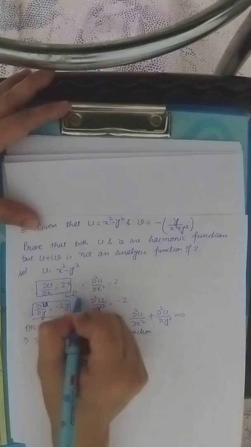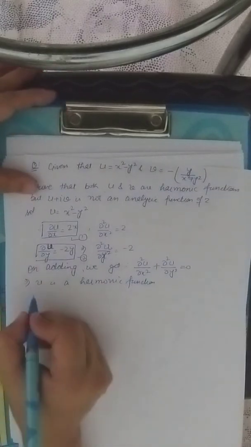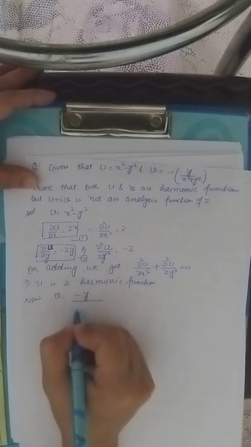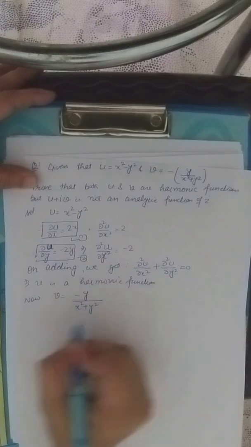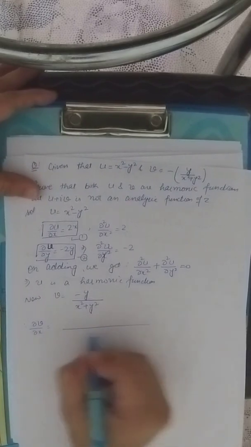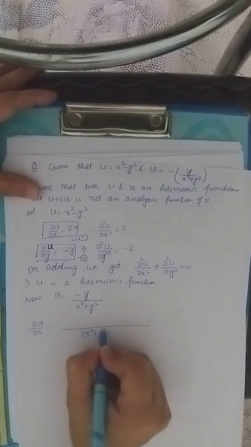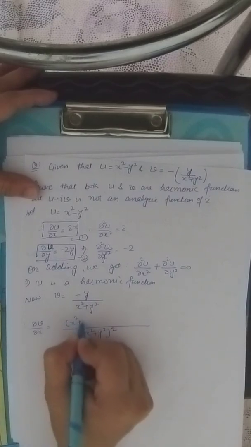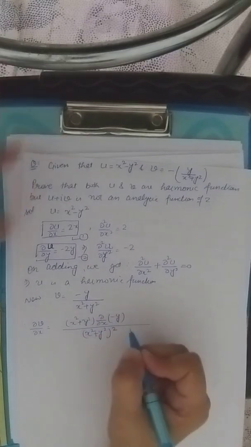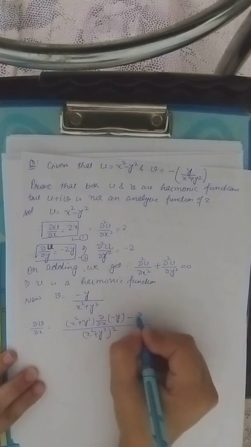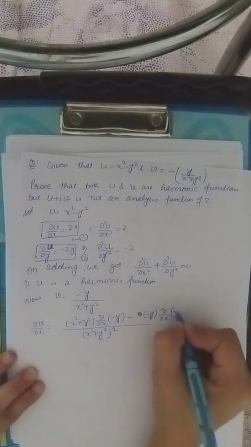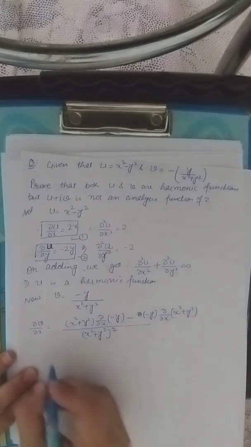We call this 1 and 2. Now consider v. Now v equal to minus y over x square plus y square, therefore ∂v/∂x equal to denominator whole square, denominator as it is, partial derivative of numerator with respect to x minus numerator as it is, that is minus y as it is, partial derivative with respect to x of denominator, that is x square plus y square.